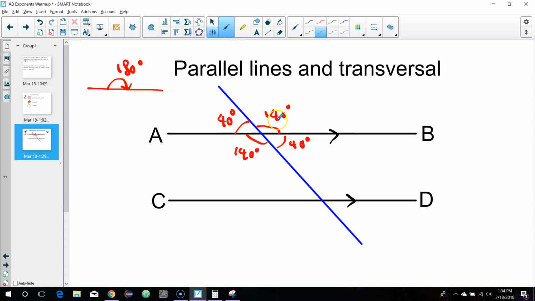In geometry, there are many ways to figure it out, and there are many theorems to go with it, but in Algebra 1, we don't. So you just have to keep in mind that if I know one of these, I should be able to find the other 3. So these two will be equal, and those two will be equal. Then somehow we have to manage to get this group of numbers down here as well.